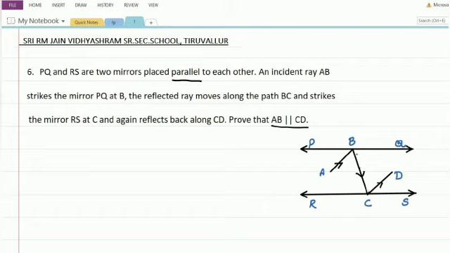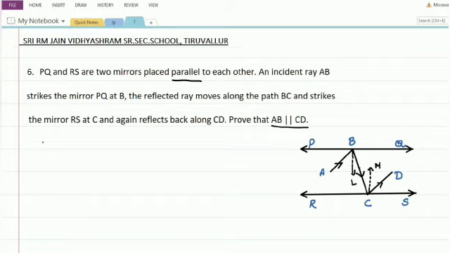I am going to construct BL, which is perpendicular to PQ. Same way, CM, which is perpendicular to RS. If these two lines are perpendicular, then these two lines will obviously be parallel lines. BL will be parallel to CM.